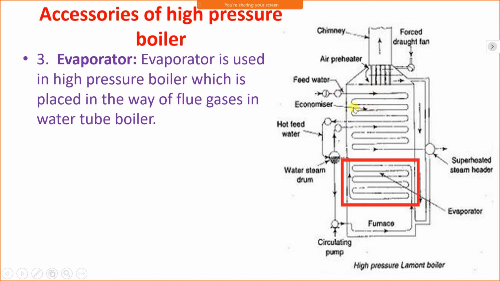The economizer preheats the water, and that heated water is supplied to the evaporator. In this case, it is first supplied to the boiler drum. Then from the boiler drum it is supplied to the evaporator.